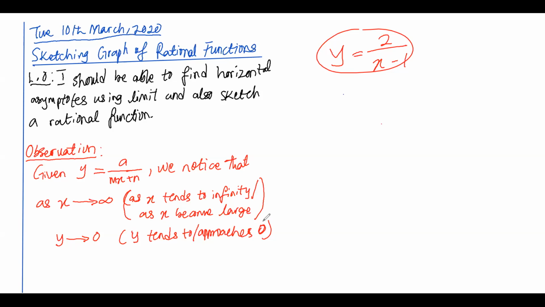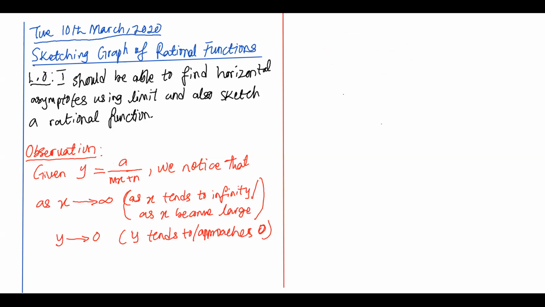When I say y, I mean this function. It may be f of x, it may be y. I don't want that to be mixed up when we are applying this technique in our questions. So why is this important?